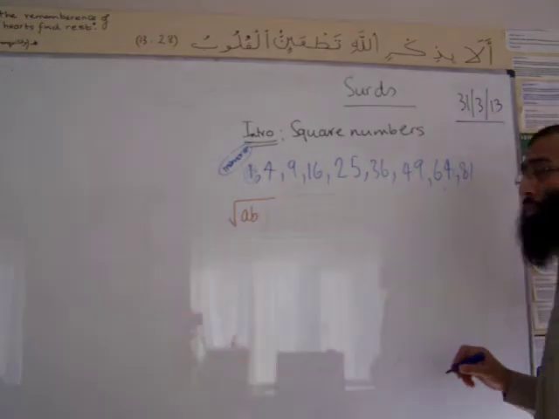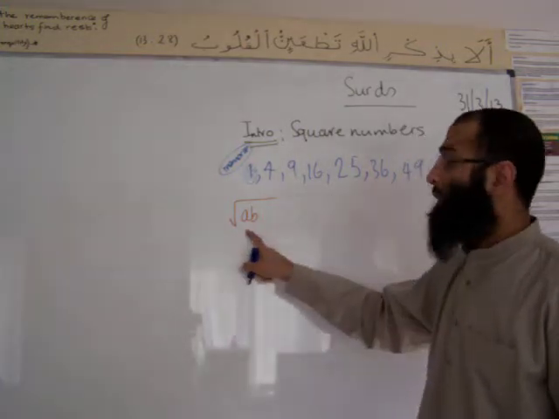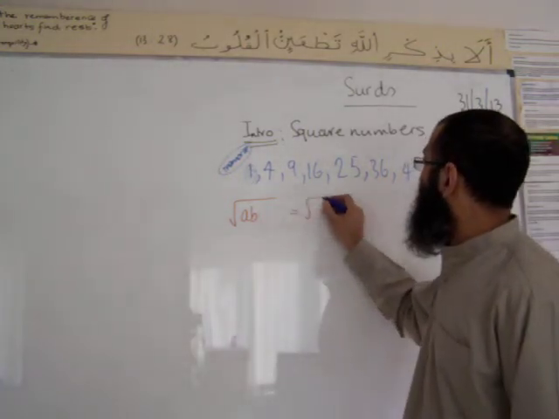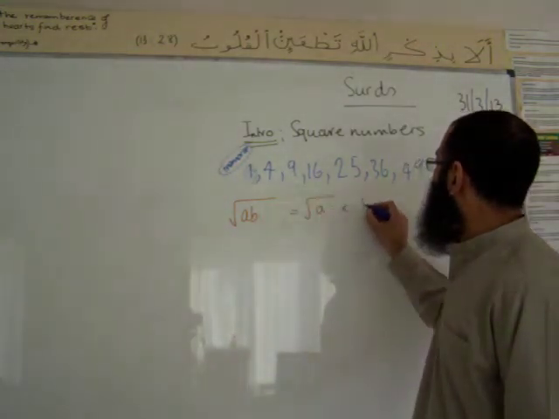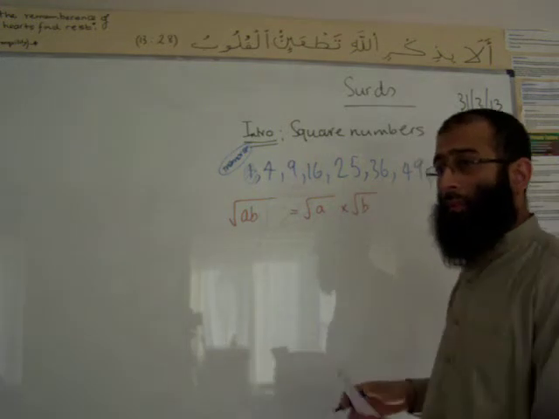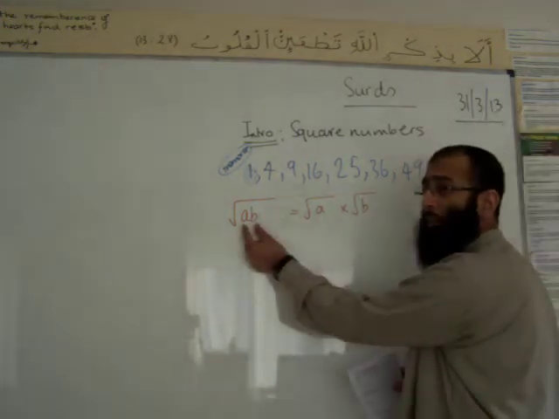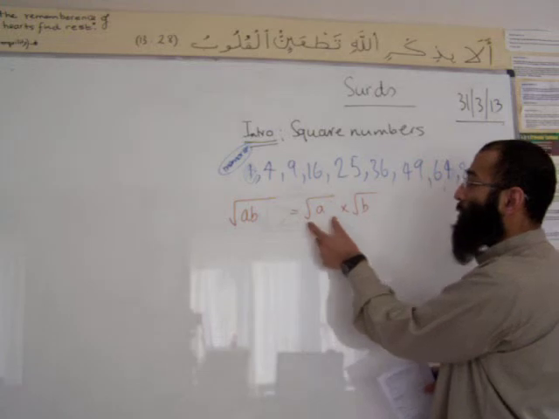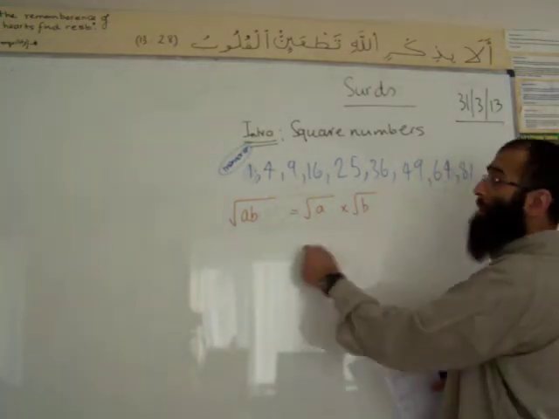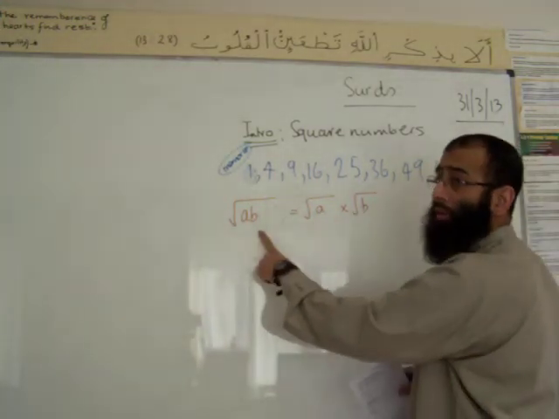If you have a product in a surd, you can split it up into its component factors. If you have a number made up of A times B, it can be rewritten as the square root of A times the square root of B. These are some of the rules we are allowed to do with the square root.